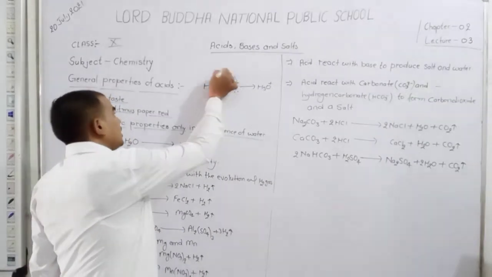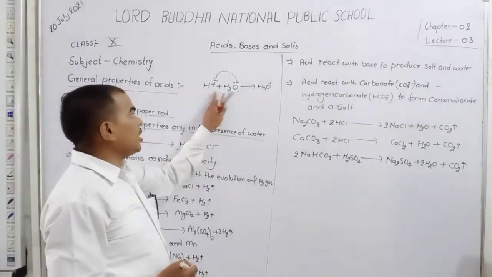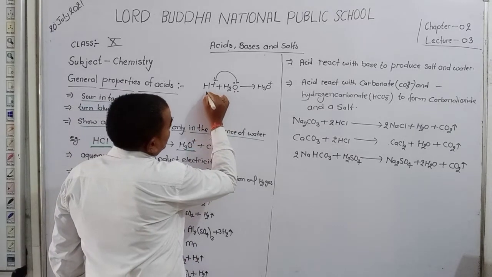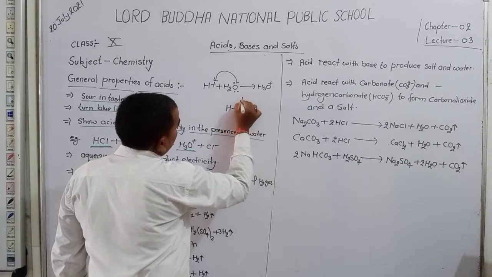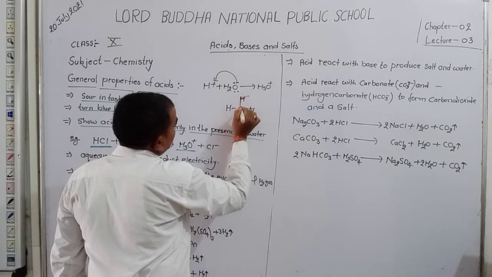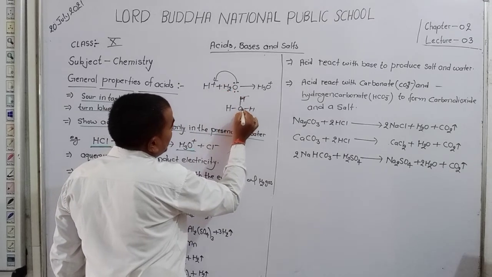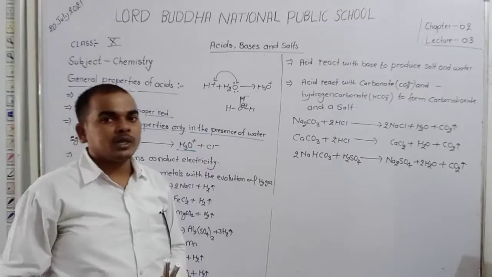The oxygen gives its electron pair to the hydrogen and makes a bond with the hydrogen of the acid. Like here, it forms H3O plus. Here oxygen gives the electrons, so oxygen has a positive charge. Here is the structure of H3O plus.